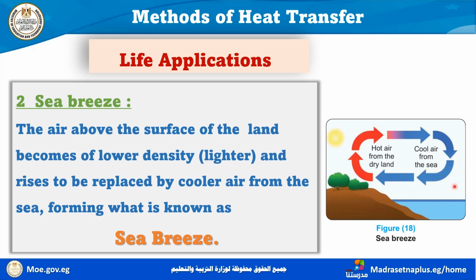This allows the exchange of the air particles. Hot air moves to the sea and is replaced by cold air coming from the sea. This phenomenon is called sea breeze.